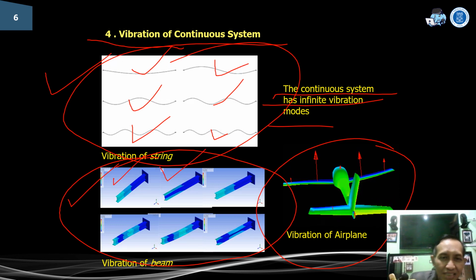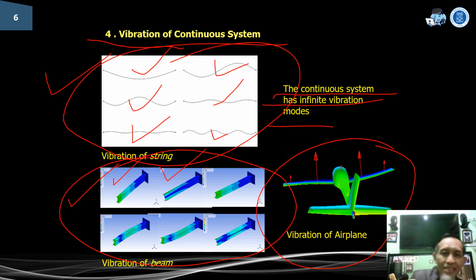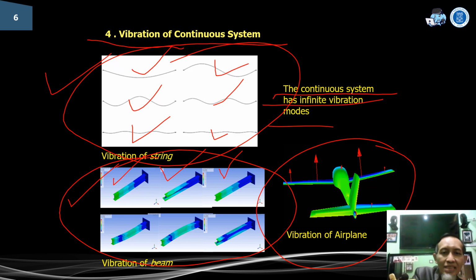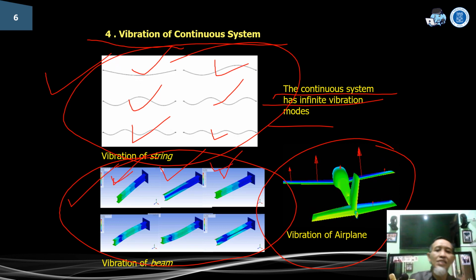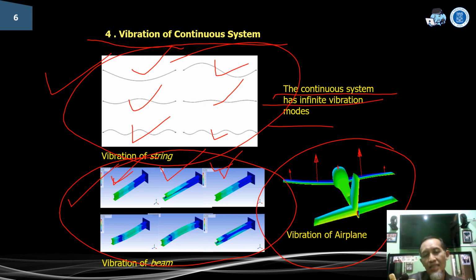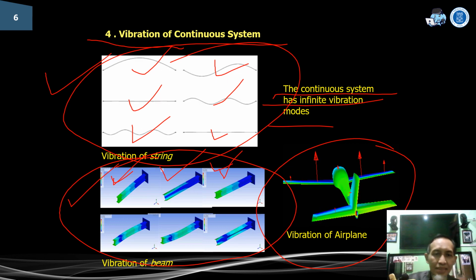This is the second bending, first bending, and another different bending.